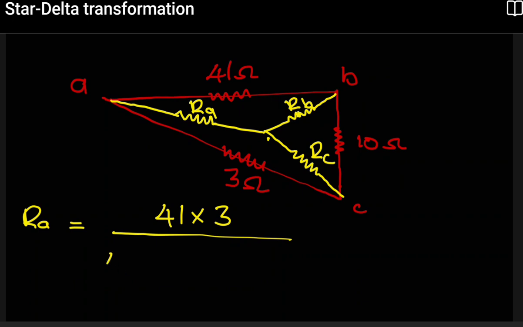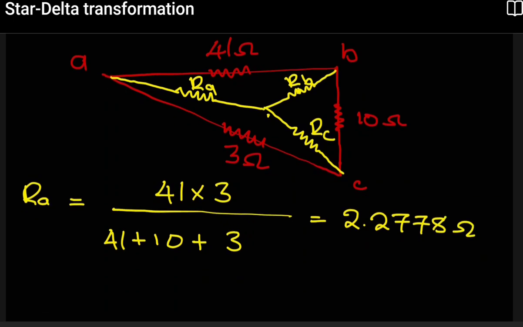The sum, of course, is 41 plus 10 plus 3. So if we do the math here, RA comes out as 2.2778 ohms.